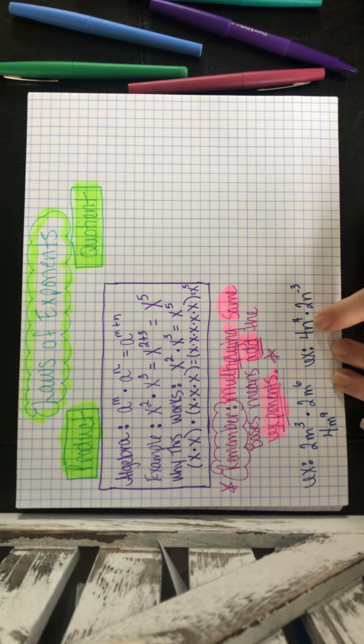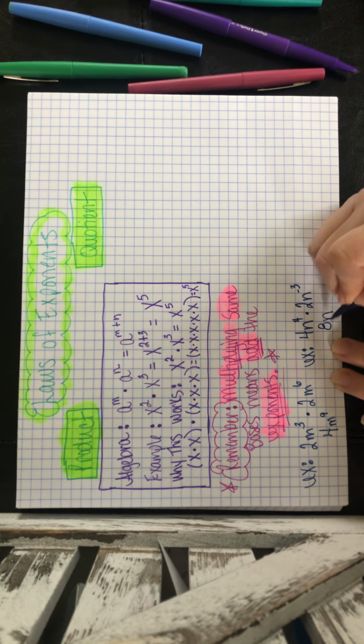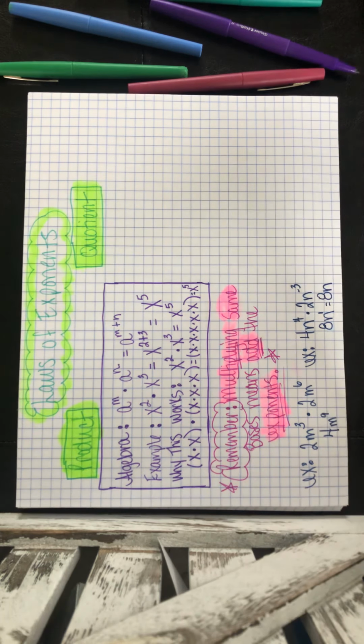Here we're multiplying same bases, so we add the exponents. So it's going to be n. We have 4 plus negative 3, which gives us 1. So therefore, it's just 8n to the first power, which is the same thing as 8n, is how we would write that.